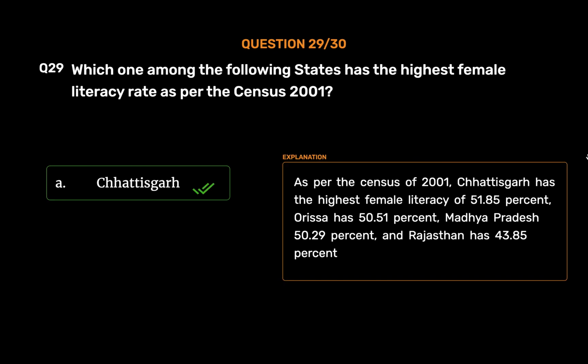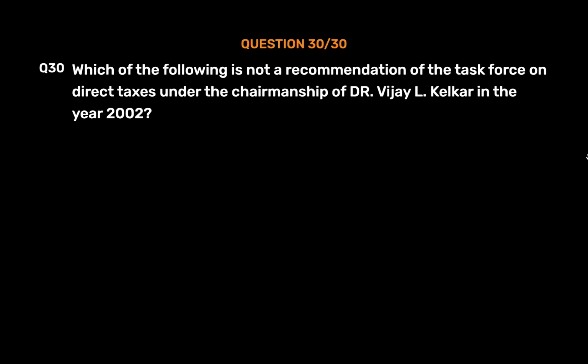As per the census of 2001, Chhattisgarh has the highest female literacy of 51.85%, Orissa has 50.51%, Madhya Pradesh 50.29%, and Rajasthan has 43.85%.